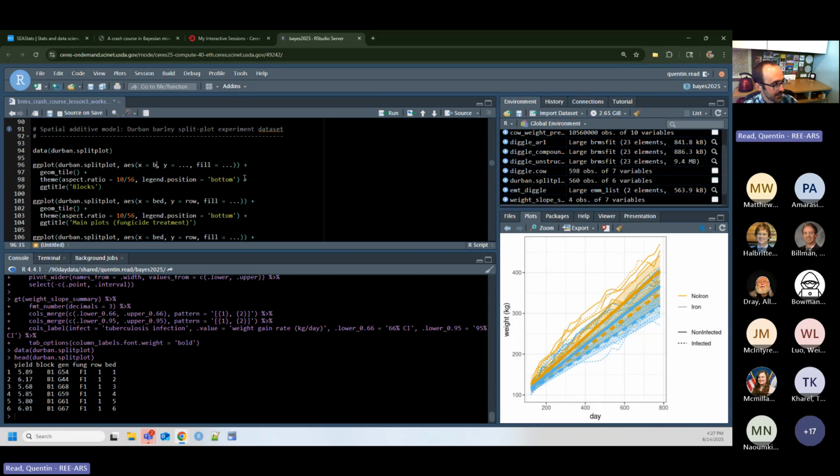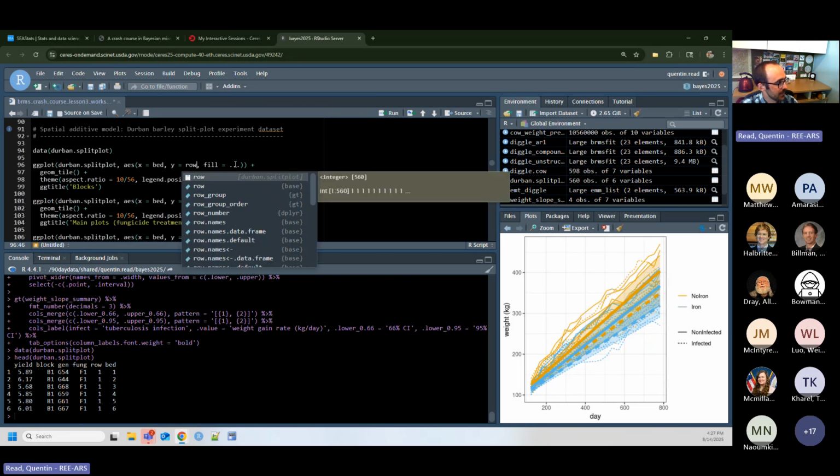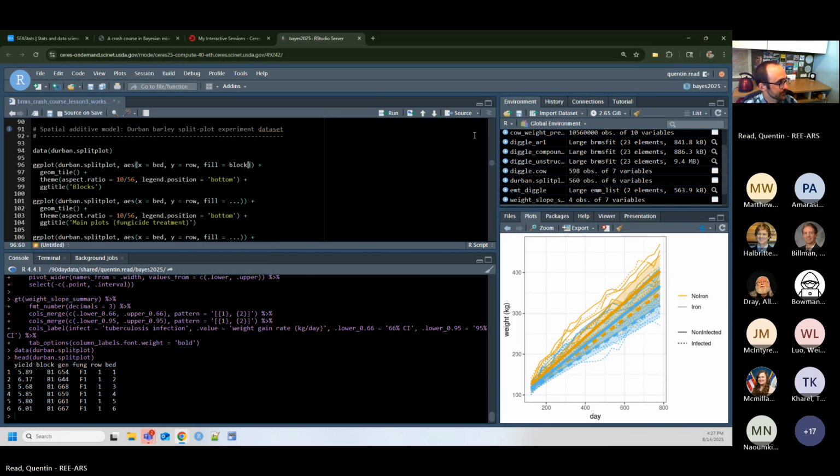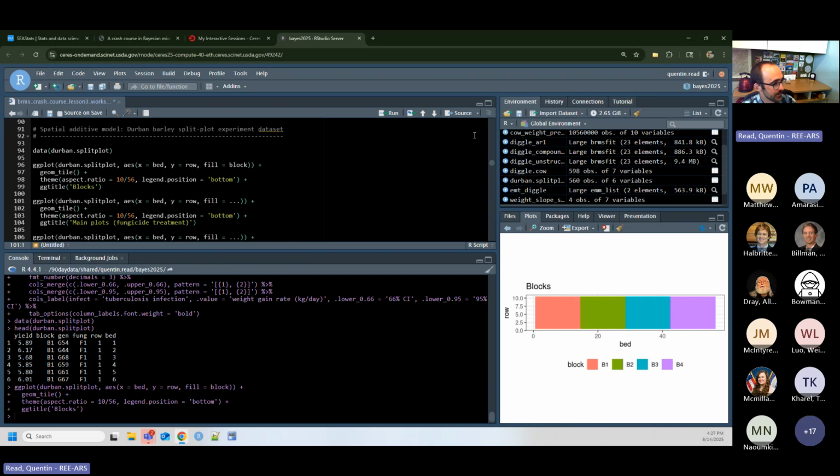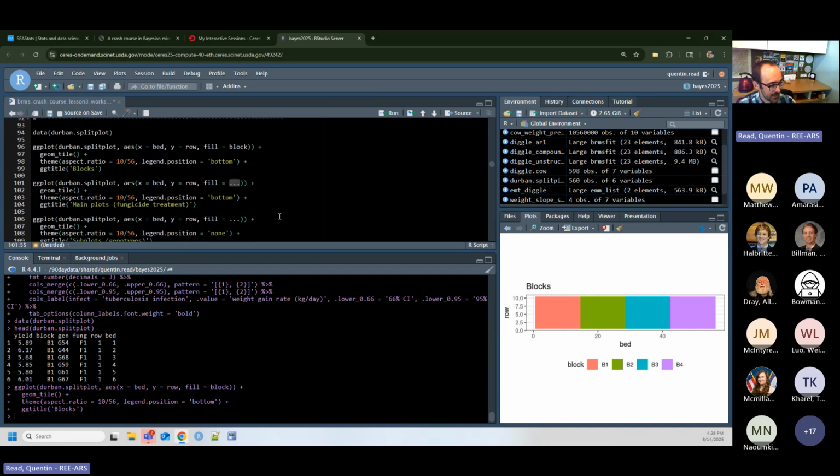So we're going to plot X is bed, Y is row, and we're going to color it in by block. Hit Control Enter, and you can see there's 4 blocks, all in a row. If we color it by the column called fung for fungicide, that'll show us where the fungicide treatments are within those blocks.